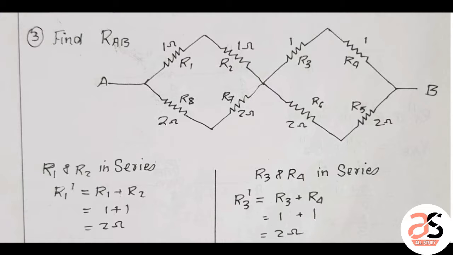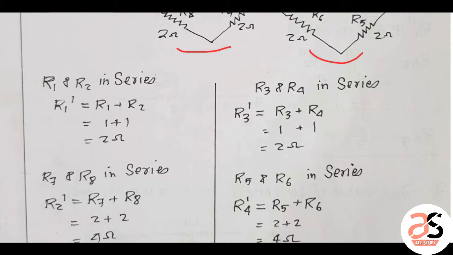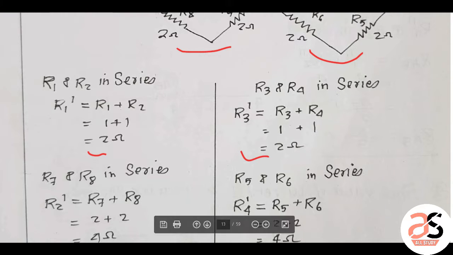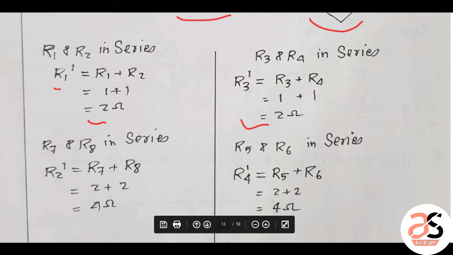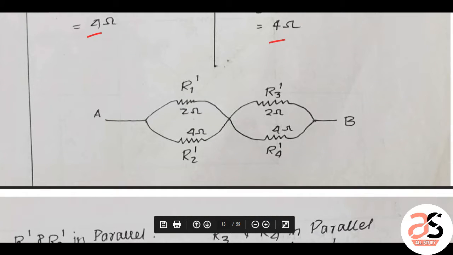First of all, 1, 2, 3, 4 and this 7, 8 and 5, 6 are in series. So combine all of these. Series means just take addition and give a unique name: R1 dash, R3 dash, R2 dash. So 4 ohm, 4 ohm, 2 ohm, 2 ohm.